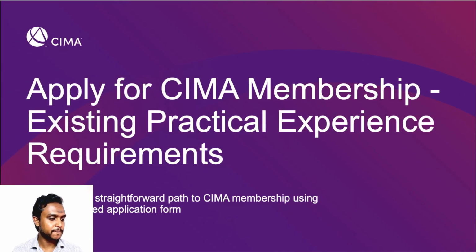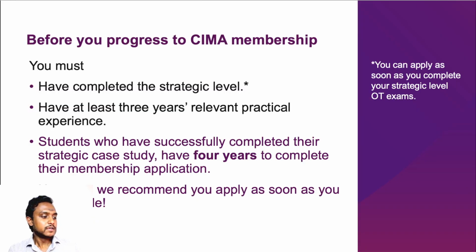Let's take a look. So this is the first page, applying for the CIMA membership existing practical experience requirement. Take the most straightforward path to CIMA membership using our paper-based application form. True, this is a paper-based application form. In this slide they say, before you progress to CIMA membership, you have to have completed the strategic level.